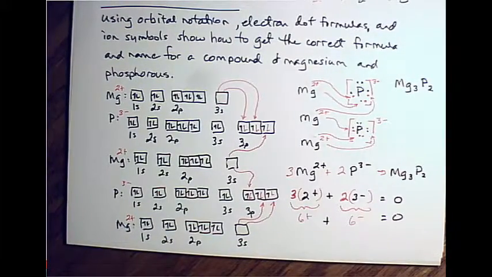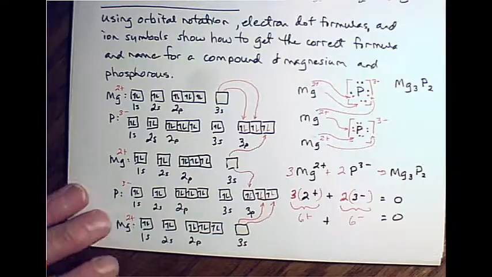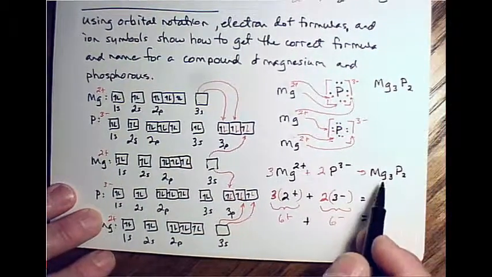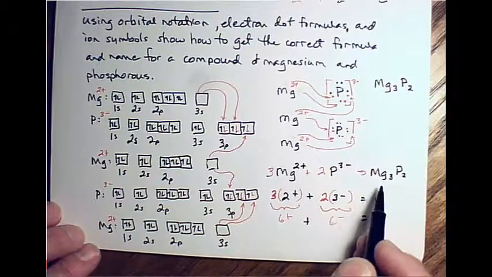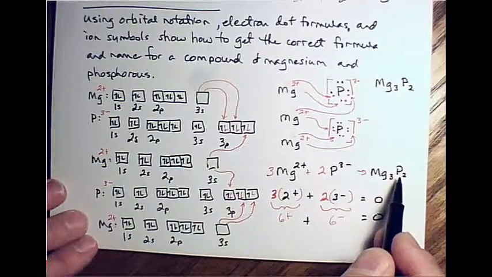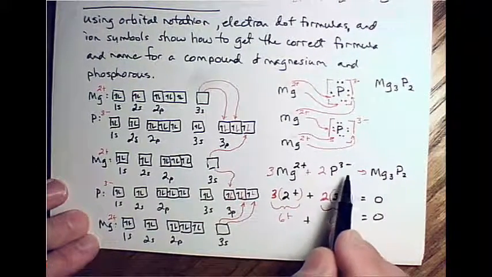Okay? So what about the name? We don't use prefixes. This is just magnesium phosphide. That's right. You name the first thing what it is on the periodic table. It's a magnesium ion. The phosphorus becomes a phosphide ion, a negatively charged monoatomic ion.